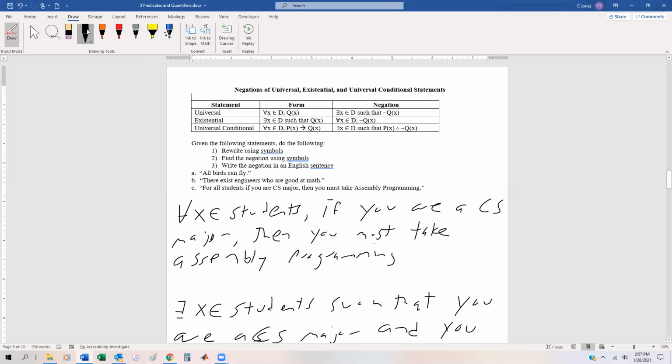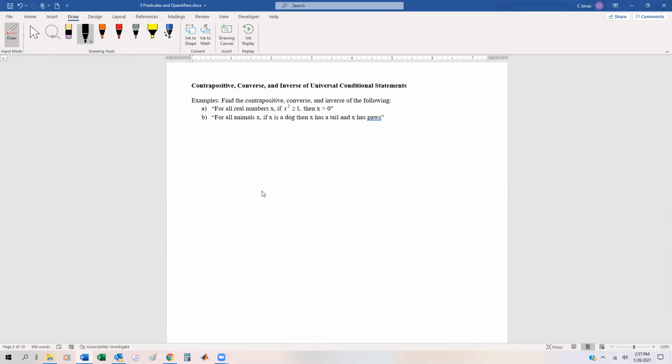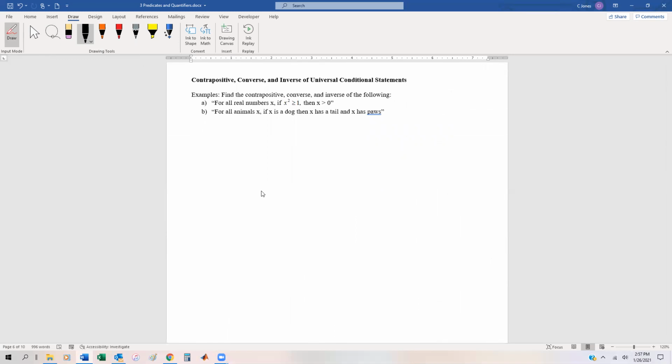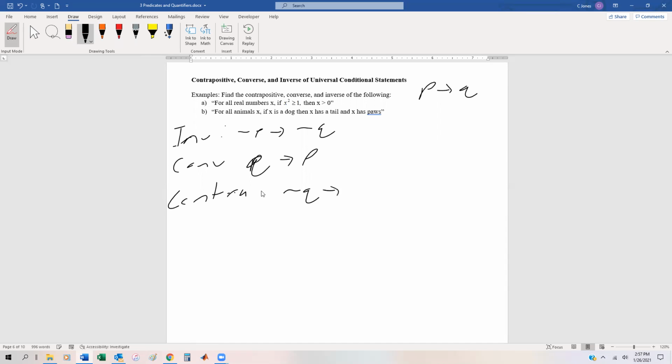Earlier in the course, we took a look at the idea of the inverse, converse, and contrapositive. Just to remind you about what those are, let's say we have P implies Q. The inverse was not P implies not Q. The converse was Q implies P, and the contrapositive was not Q implies not P. So we're going to have to remember those forms to be able to write these universal conditional statements and write the inverse, converse, and contrapositive.